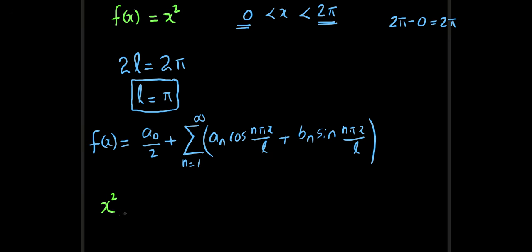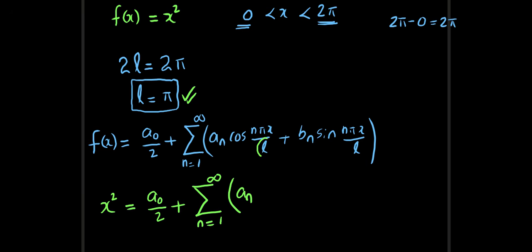So x square is equal to a naught by 2 plus sigma n equal to 1 to infinity an. We know the value of L is pi, so if I plug in pi here, the pi and pi cancel, and I get cos nx plus bn sin nx. Let's call it equation number 1.